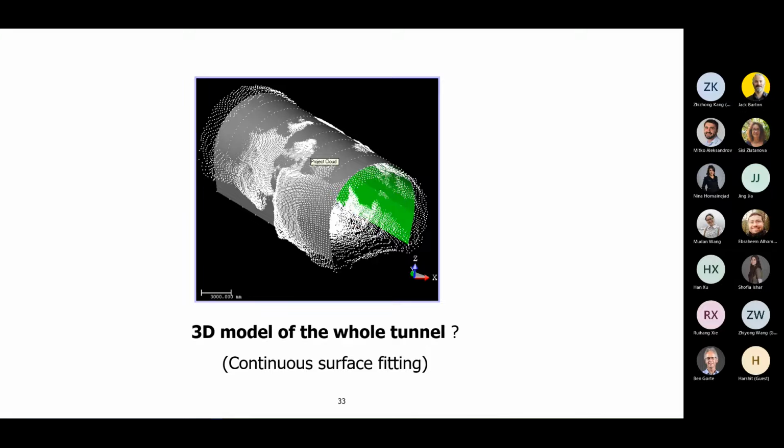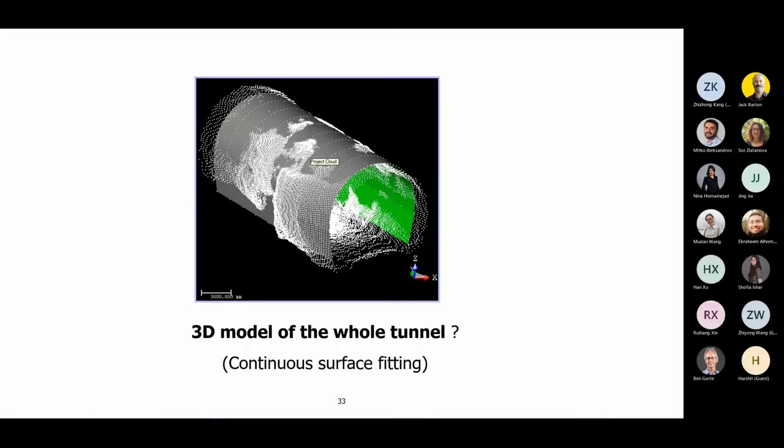If we have a 3D model of the whole tunnel, that would be easy to visualize the tunnel. But I would see that would be a problem to model the deformation, because if we have a 3D model of the whole tunnel, we're not able to accurately describe the surface of the tunnel in a specific region, which means we're not able to very accurately evaluate the deformation.